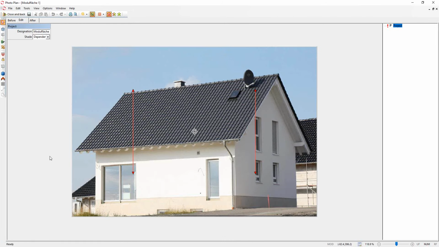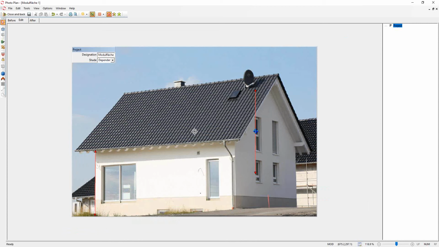And now the planning here in photo plan is separated in 3 steps. First, we have to define the vertical axis. And therefore, we have to hold the left mouse key pressed and bring this red arrow close to the edge of the building. To bring it here in parallel so that it matches with the edge of the building.